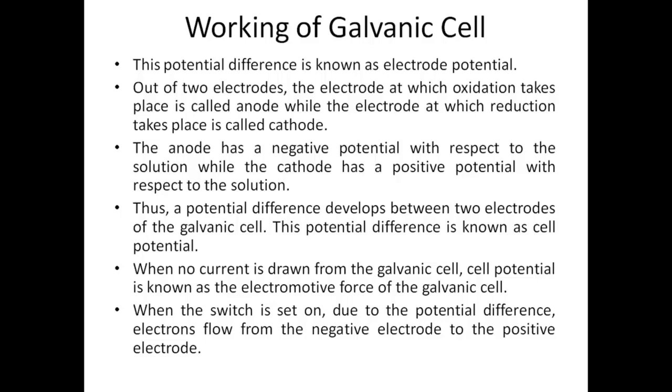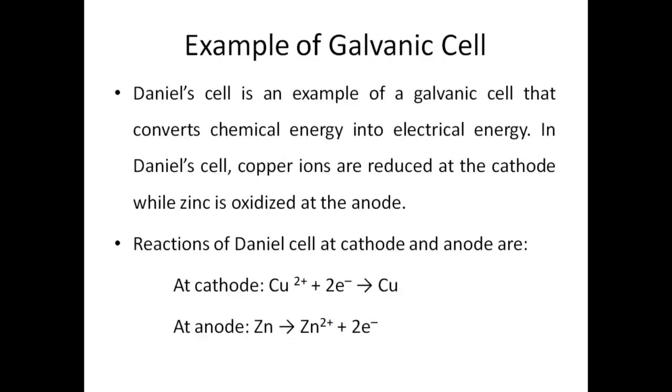Okay, so if you connect some load in the circuit and switch it on, this galvanic cell will behave like a source of voltage. The current will start flowing from the negative electrode to the positive electrode, and it starts behaving like a battery.